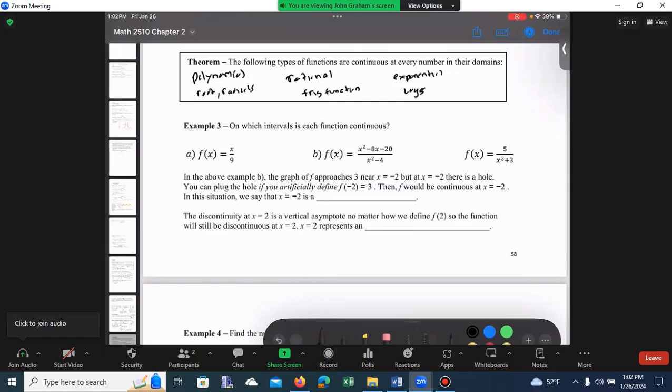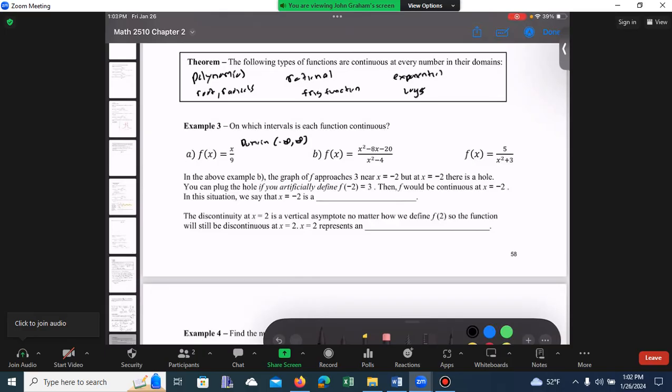So we want to look at when intervals are continuous. X over 9, rational function, but the domain is all real numbers, negative infinity to infinity. So that's what it's continuous on. The x squared minus ax minus 20 over x squared minus 4.